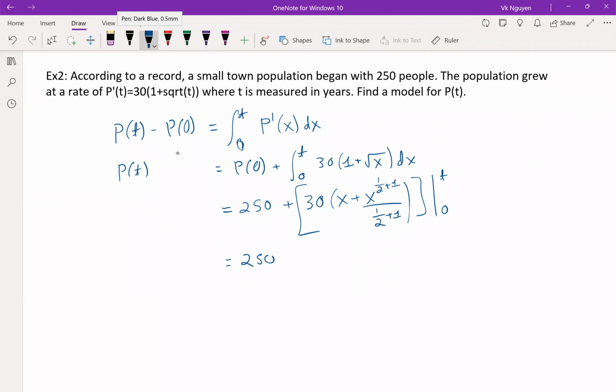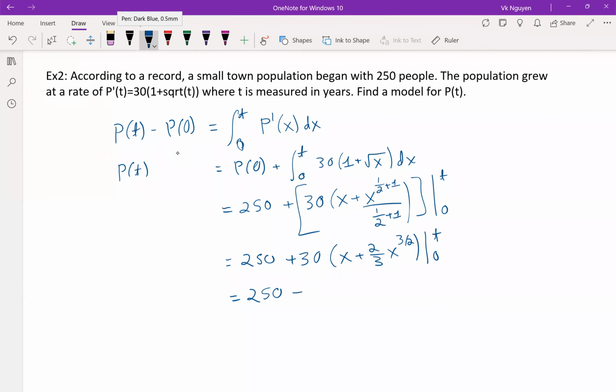So we have 250 plus, we can take out the number 30, x, okay, and then x to the 3 over 2 over 3 over 2, so it's going to be 2 over 3 x to the 3 over 2, from 0 to t.